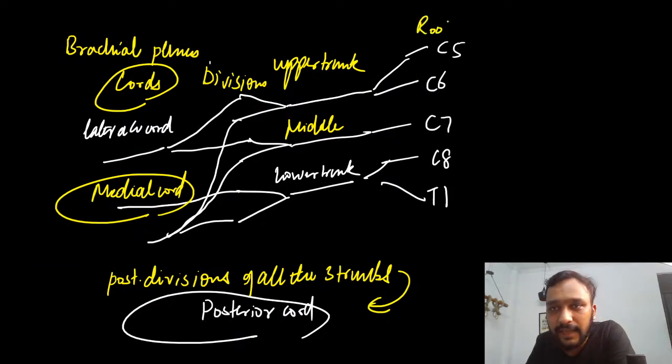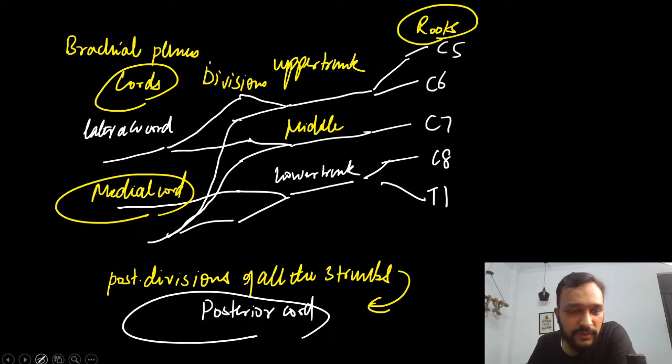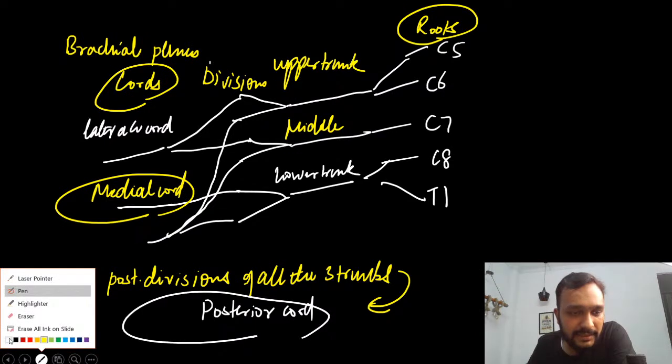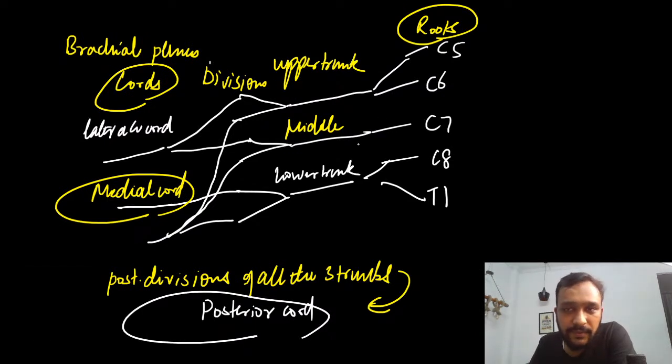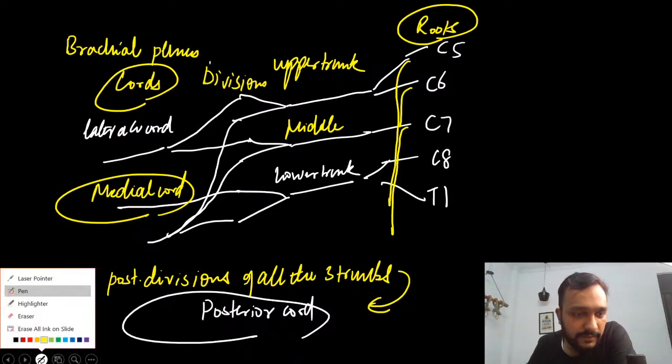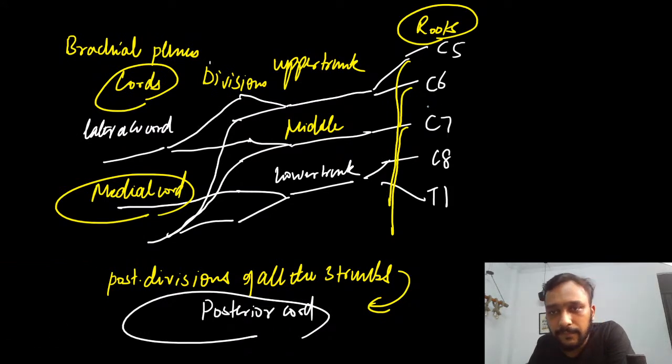So now let us have a look. What are the branches which are coming from the roots of the brachial plexus? Which is this branch that is coming from the root? Come on, guys.